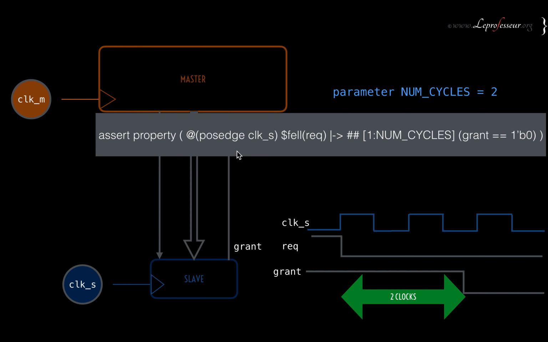At the passage of the slave clock, if the request goes down, fell is a SystemVerilog Assertion keyword, then between 1 to number of clock cycles, grant should go to 0. This is one way of writing. You may encounter different ways of writing simple assertions. There can be different ways of writing assertions.